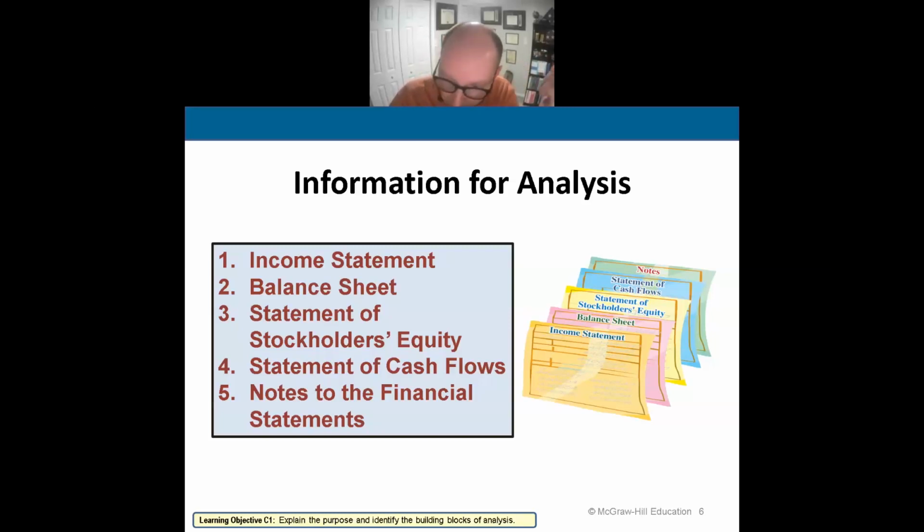That's the cost of the actual inventory that we sold. Sales minus cost of goods sold equals gross profit. Minus operating expenses.